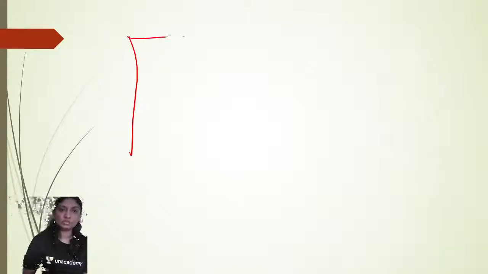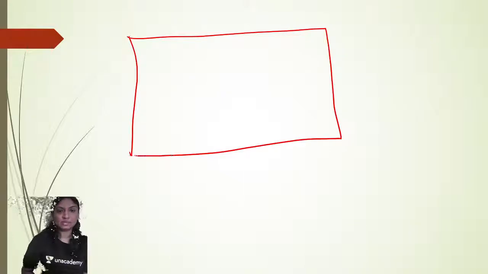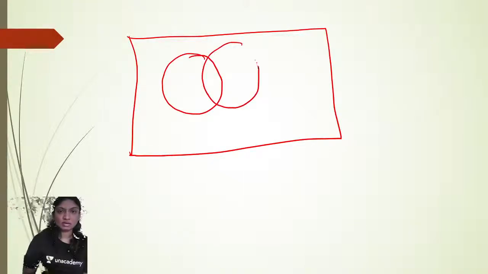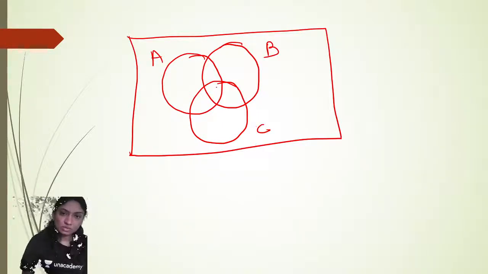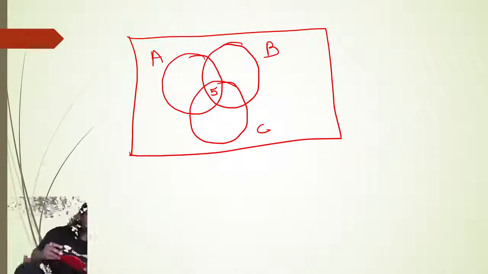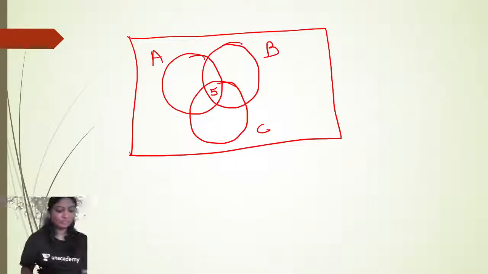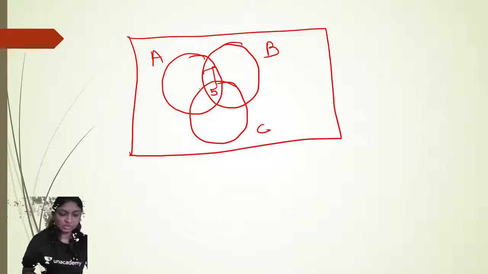Calculate the number of students who study exactly one subject. A, B, A and C. How many students study all the three subjects? There are 5 students who study all the 3 subjects, right?